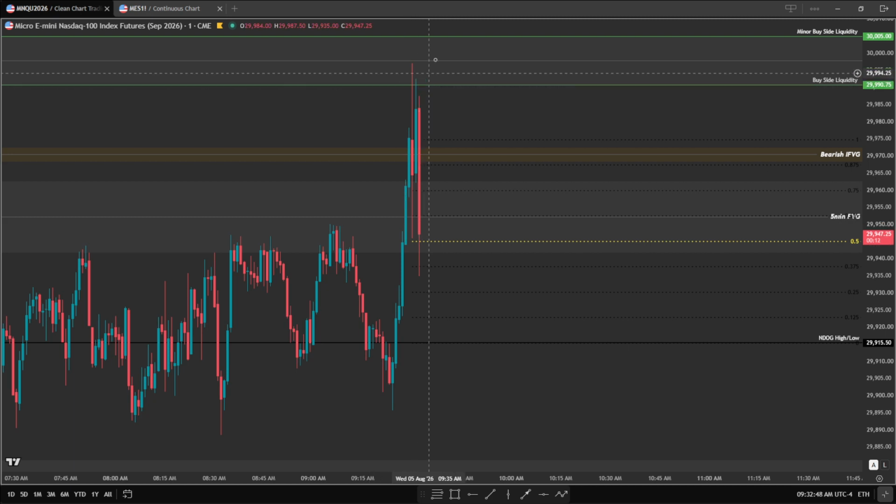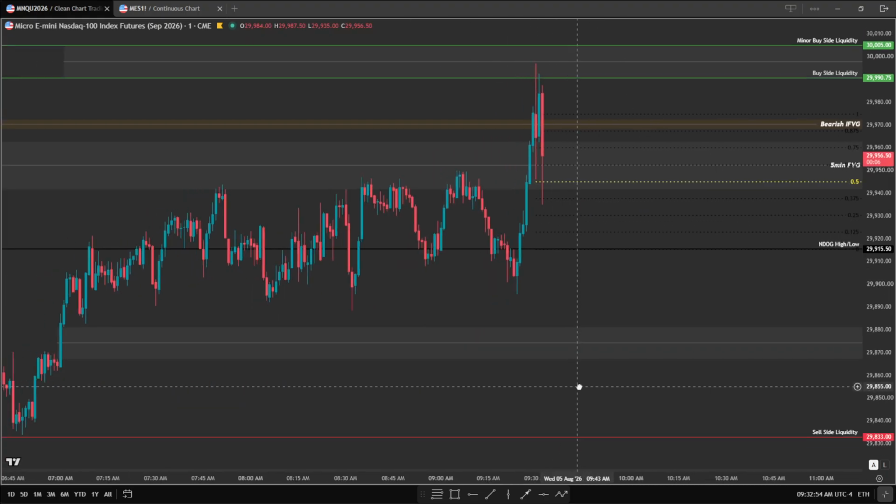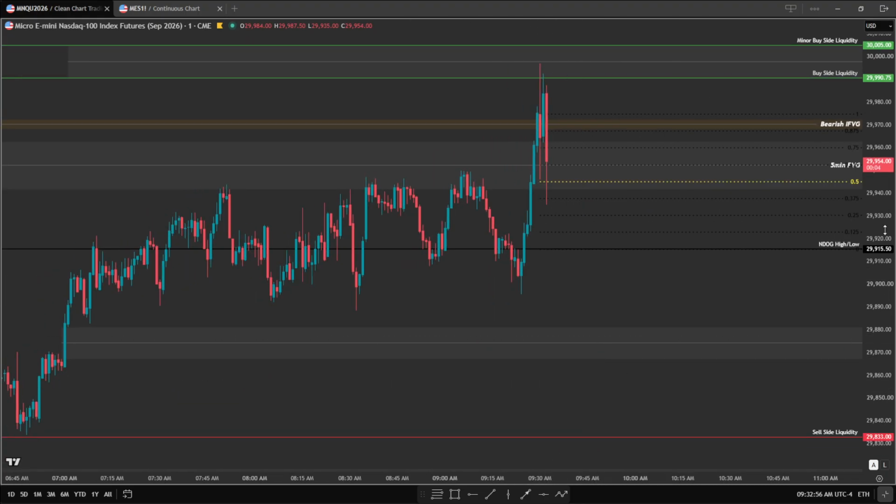Swept that high, left that intact, which is interesting, and we have sell side. Still closing above the midpoint of that 5-minute gap.